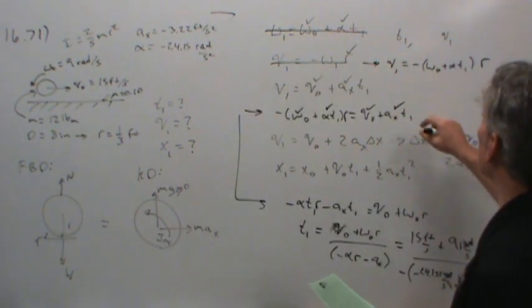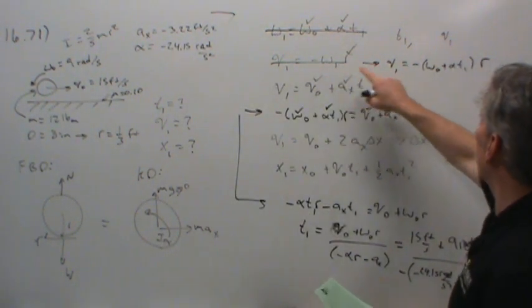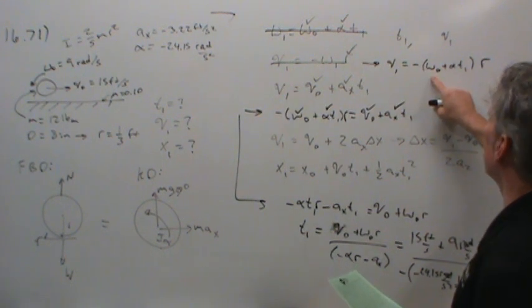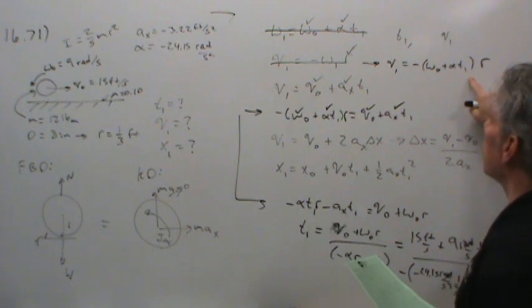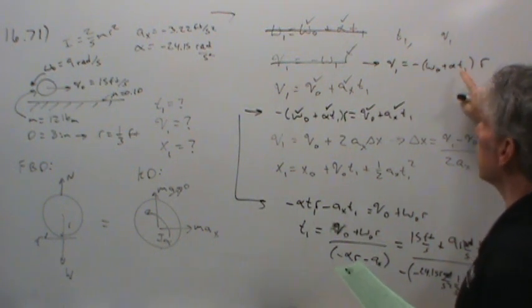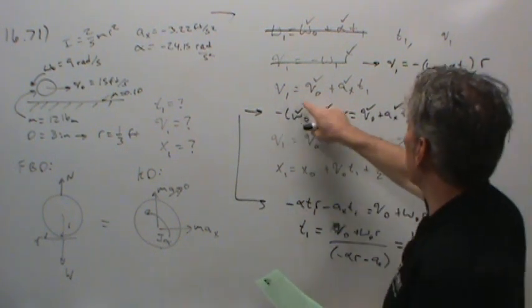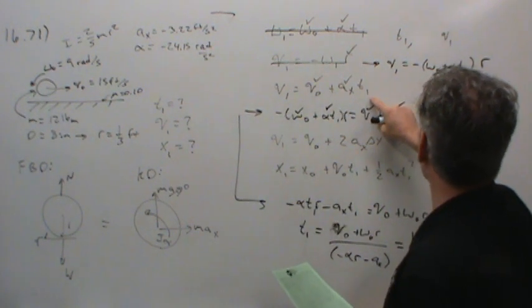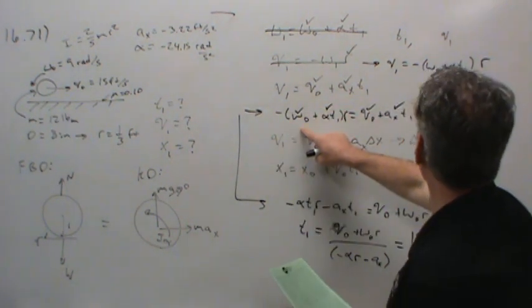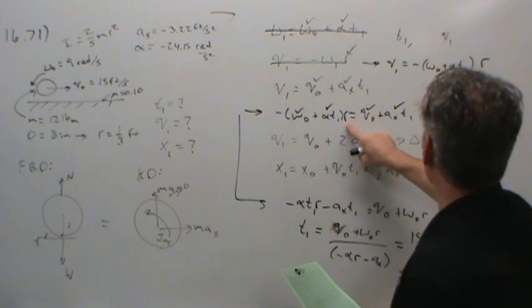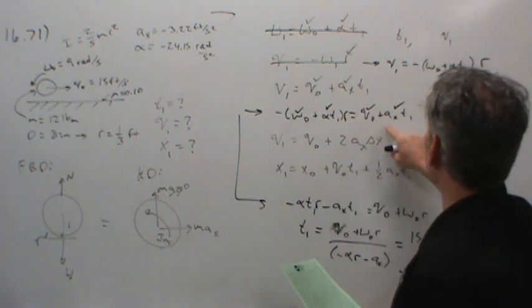Let's see. So we got V1 equals omega naught, or negative omega 1, but that's omega naught plus alpha T1. That's okay, times R. I'm all right with that now. V1 equals V naught plus AX T1. That's okay. Put the two together. Negative omega naught alpha T1 R equals V naught AX T1.